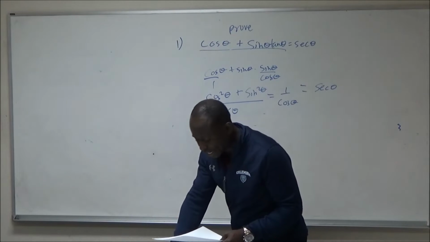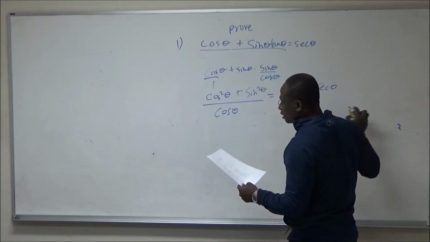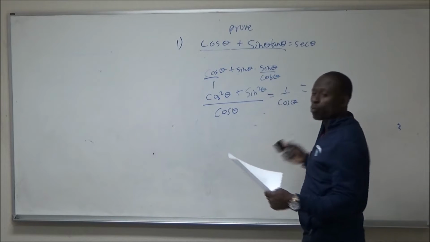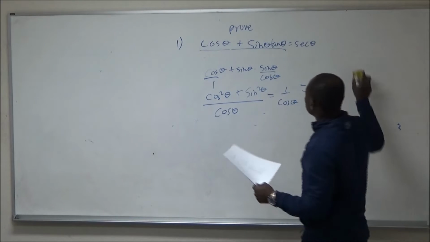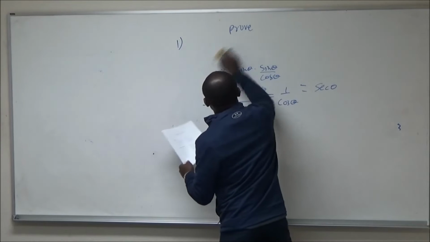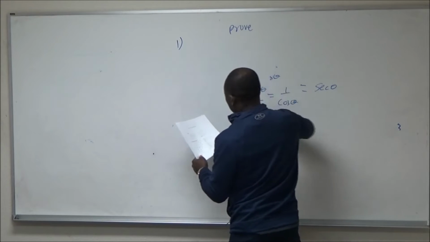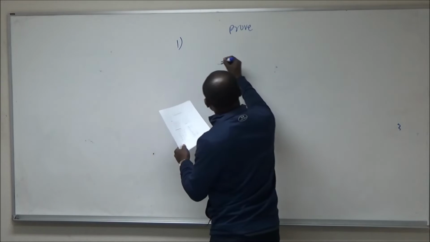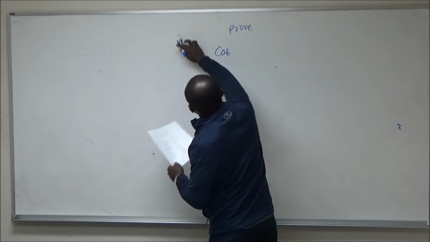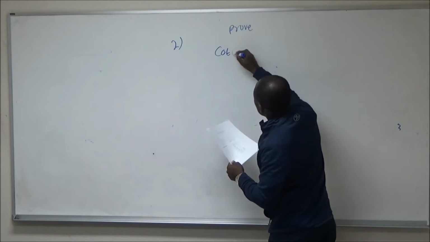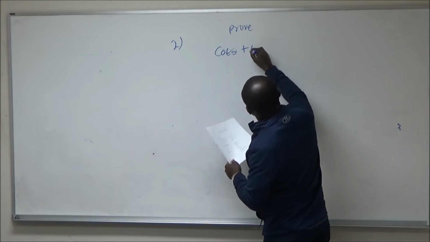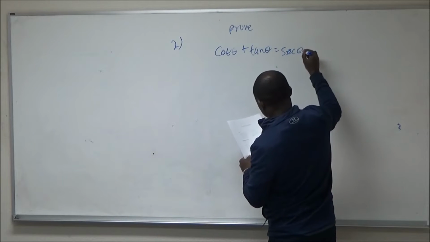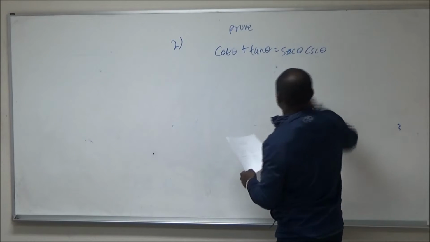Alright, so the second one. I know you were doing a different set, but what did you do for the second one? The one that I'm about to write down on the board. It says prove that, this is question 2, cotangent theta plus tangent of theta is secant of theta cosecant of theta.